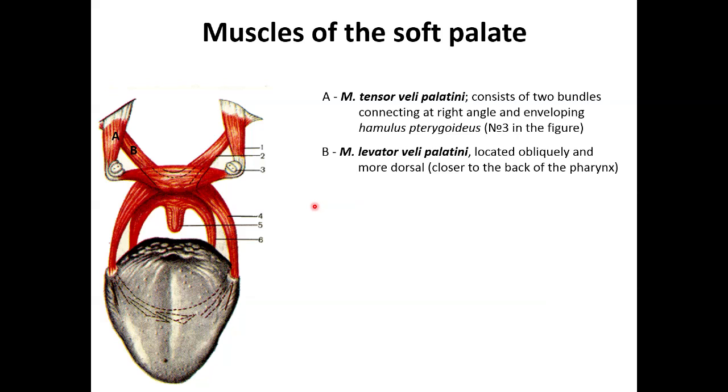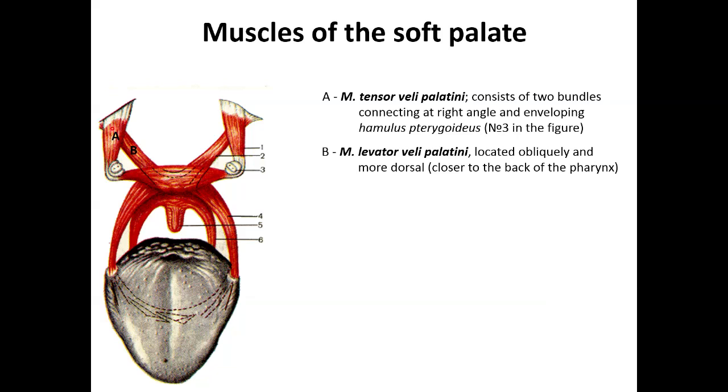And very important that from these two muscles, musculus tensor is localized more anteriorly and musculus levator veli palatini more posteriorly.